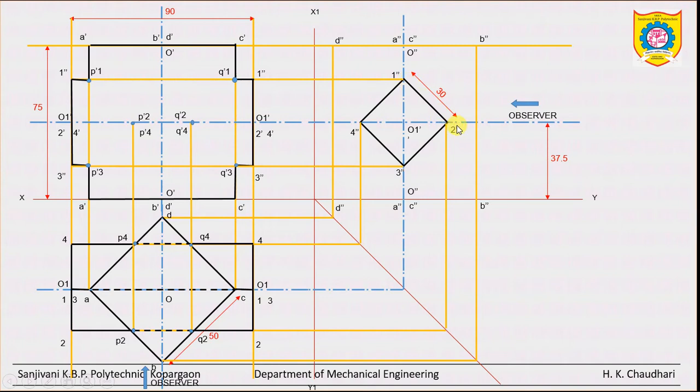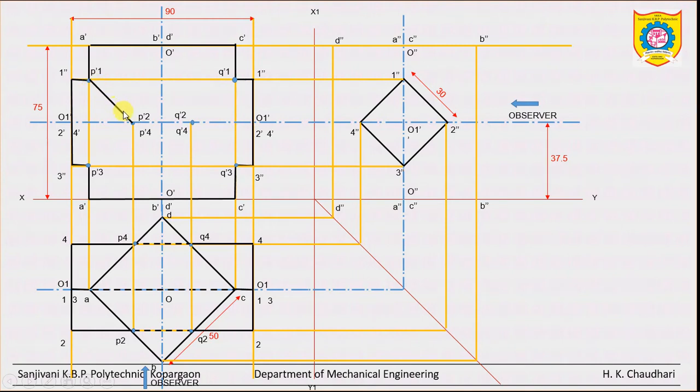P1 and P2. So when we join this P1 and P2, that line will be the intersecting edge or intersecting line for both the prisms. Okay, so let us try to join them. See, P1 to P2, this line we have joined here.